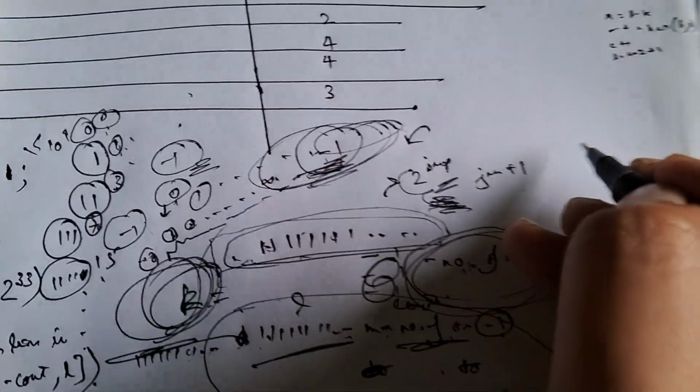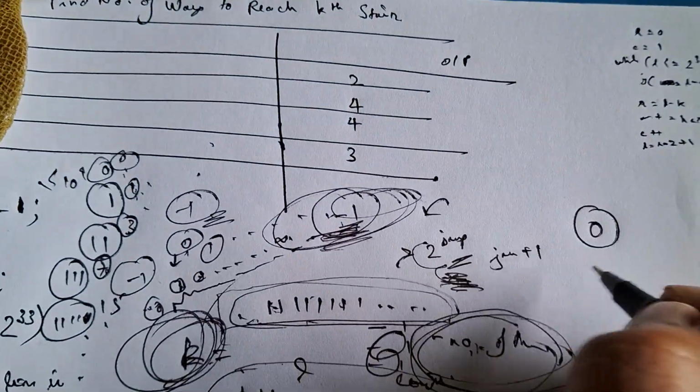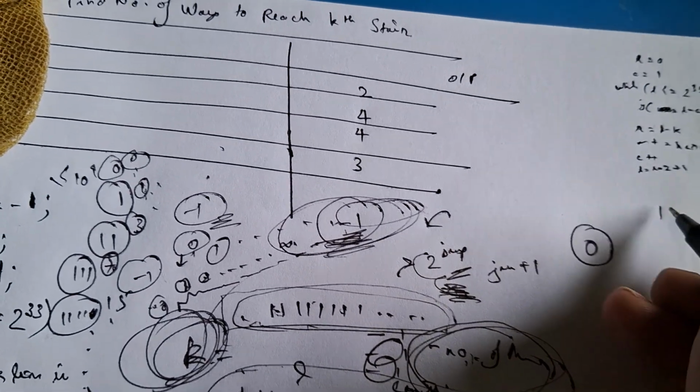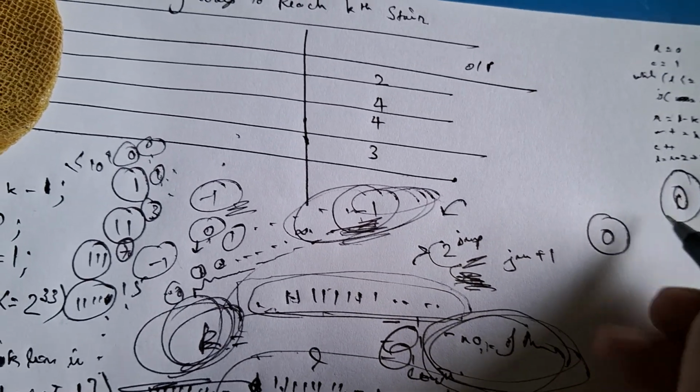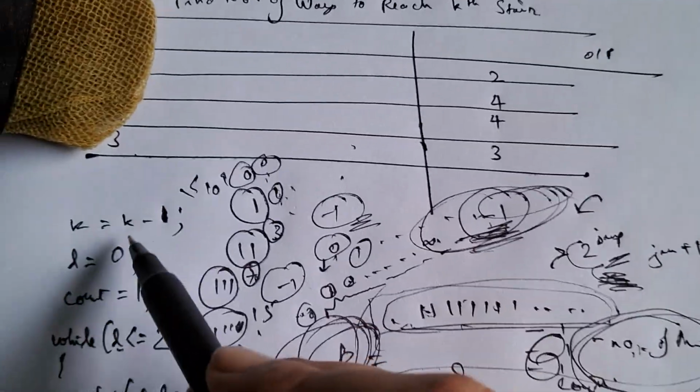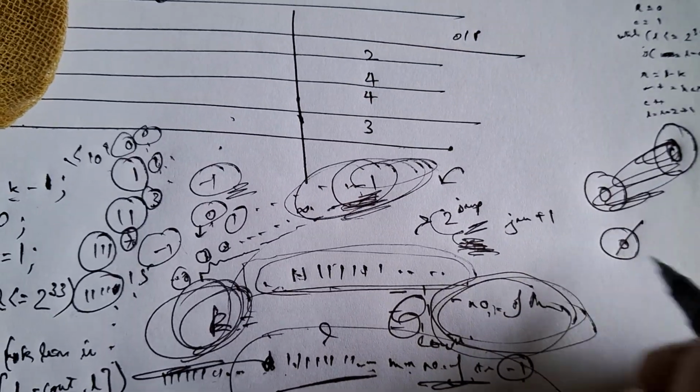Now let's do a dry run for this. If you consider 0, sorry, let me rewrite it. Initially k is equal to k minus 1, so 0 gets overwritten as minus 1.